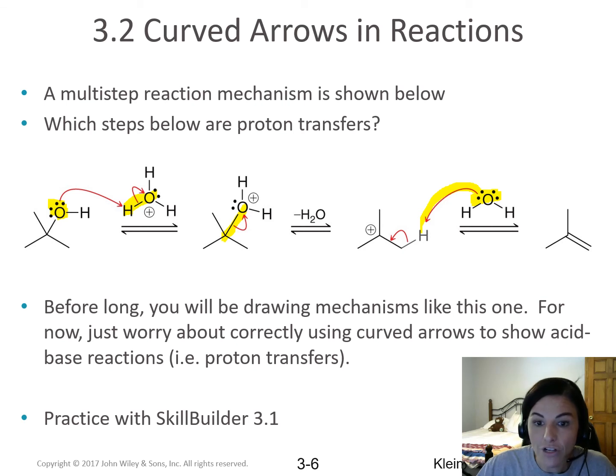The electrons between the carbon and the hydrogen are going to make a double bond, right? That's a little bit more of an advanced reaction that we'll see in Orgo 2, but this is still a proton transfer reaction. Lone pair taking a proton, the electrons between the hydrogen and the atom it was attached to stay behind.